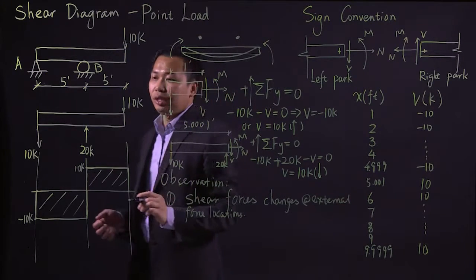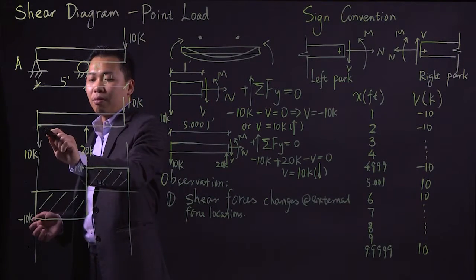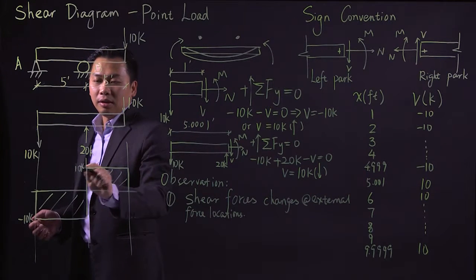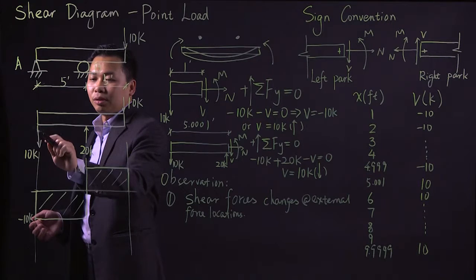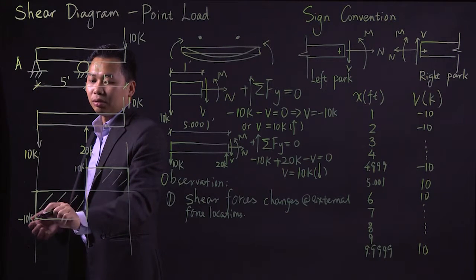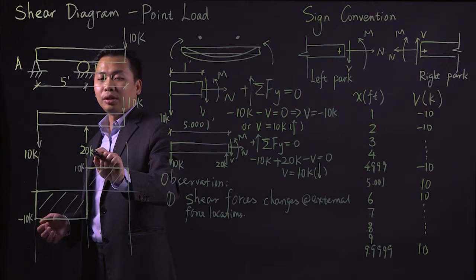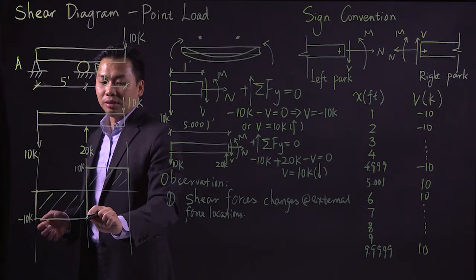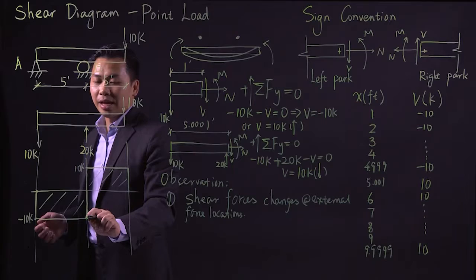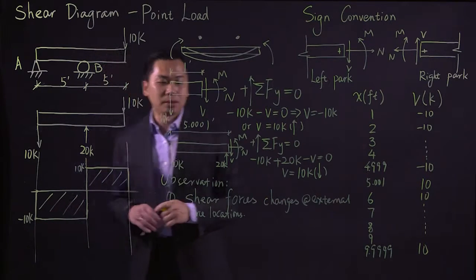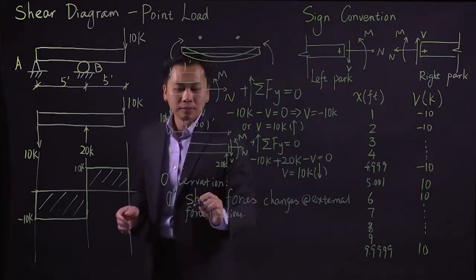If you look at our shear diagram, whenever we have a force, you can see a jump on the shear diagram. For example, at the 10 kips going downward, you can see a jump from 0 to negative 10. And at the point where you have a 20 kip force going upward, you can see your shear force jumping from negative 10 to positive 10. The same thing at the 10 kips external force location.